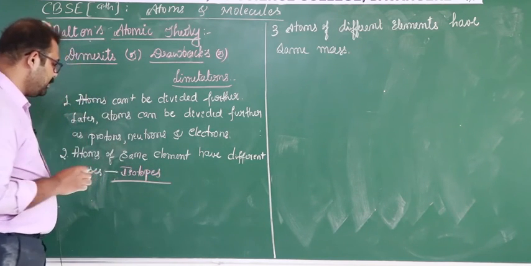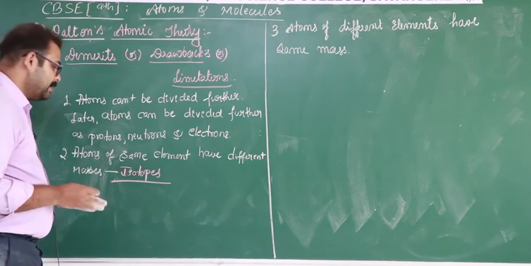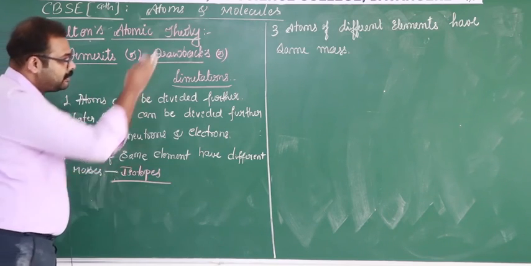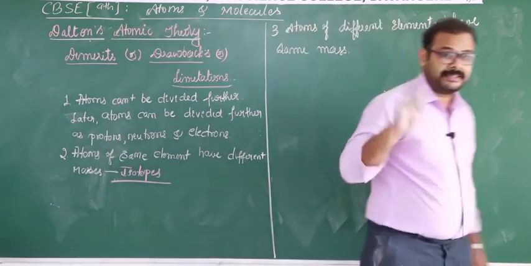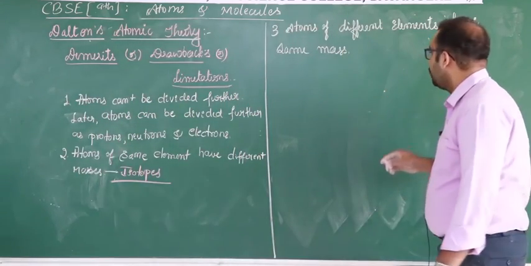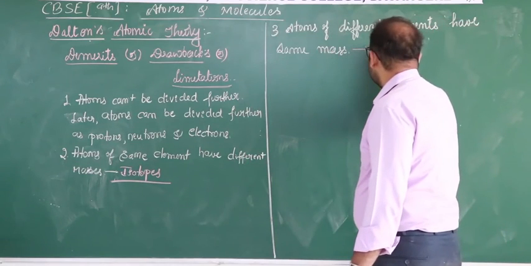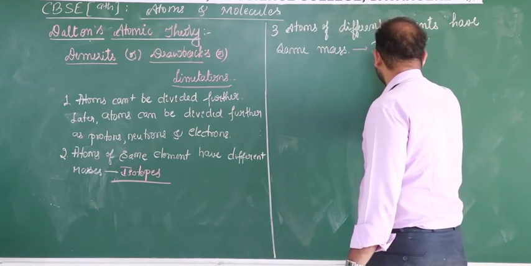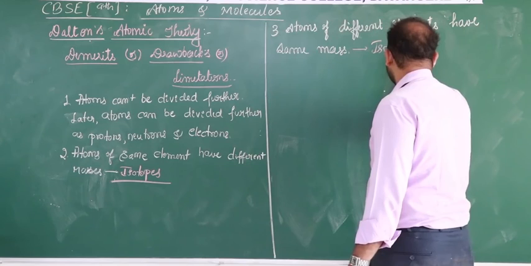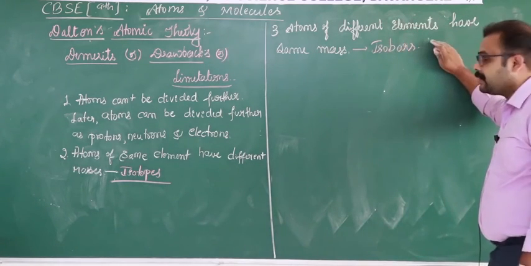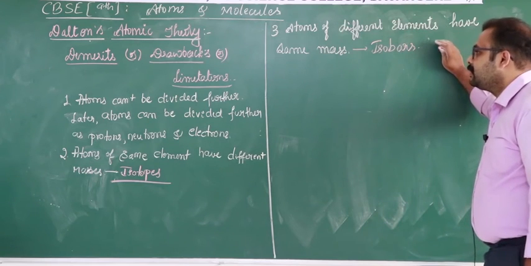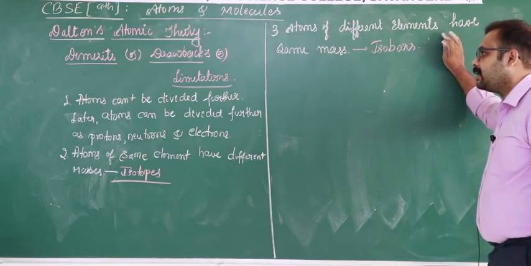Here, the same element having different masses are called isotopes. The reverse, atoms of different elements having the same mass, are called isobars. We are going to study isotopes and isobars in the coming classes. So these are the Dalton atomic theory drawbacks.